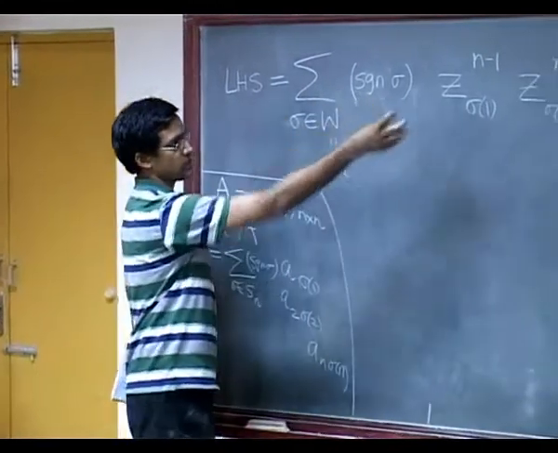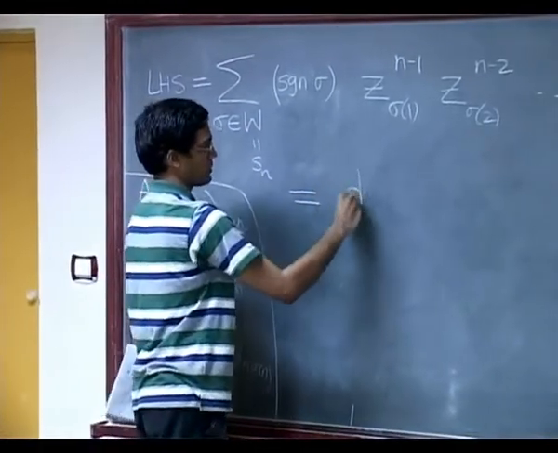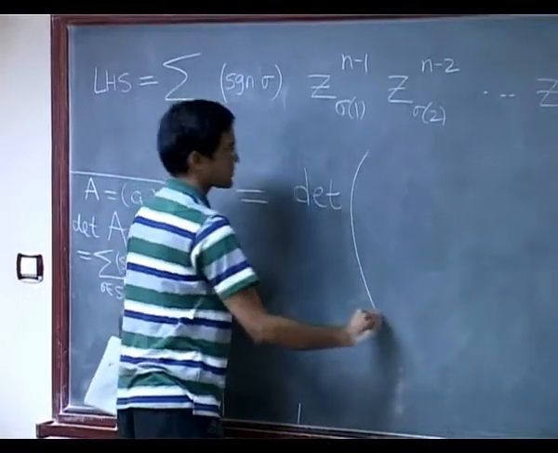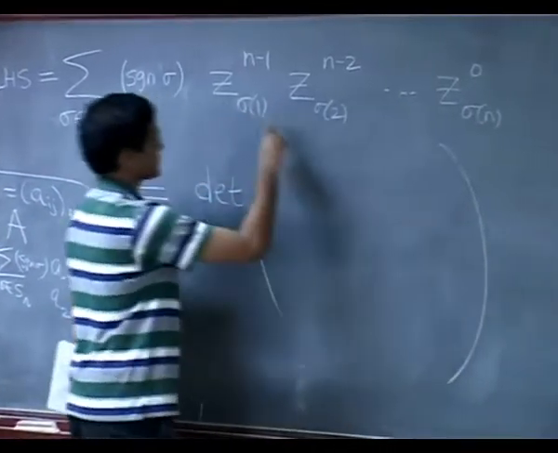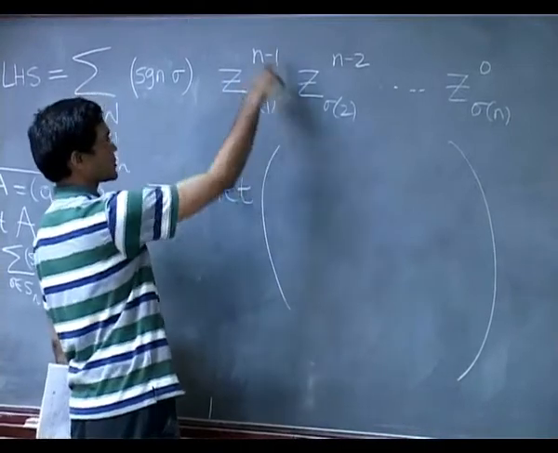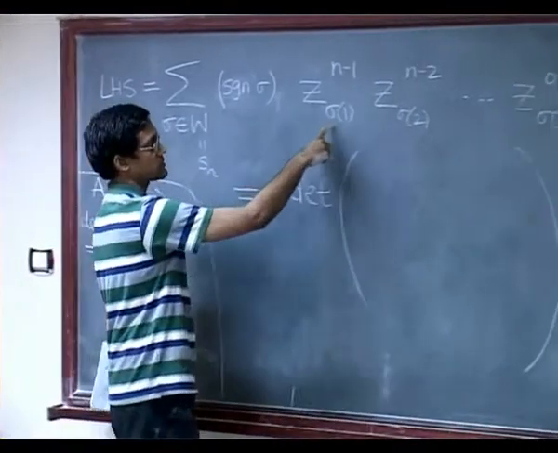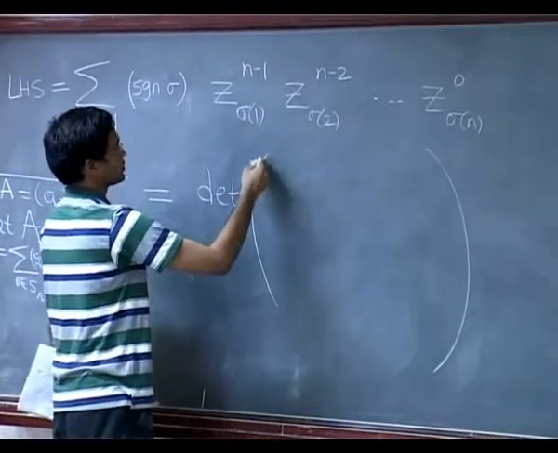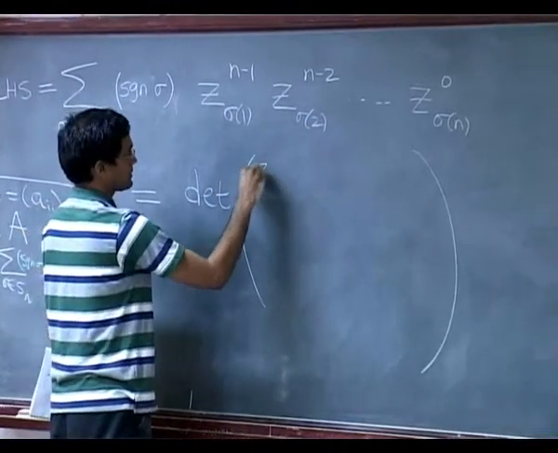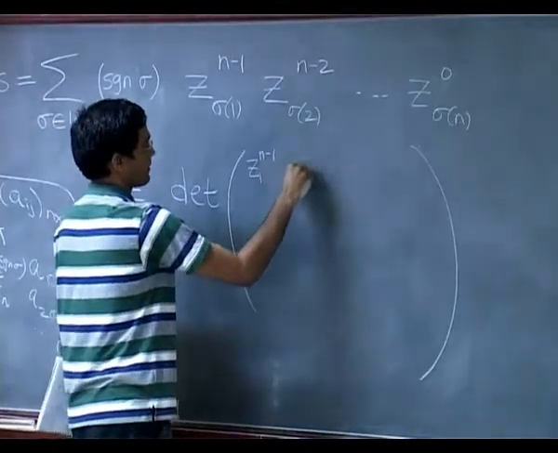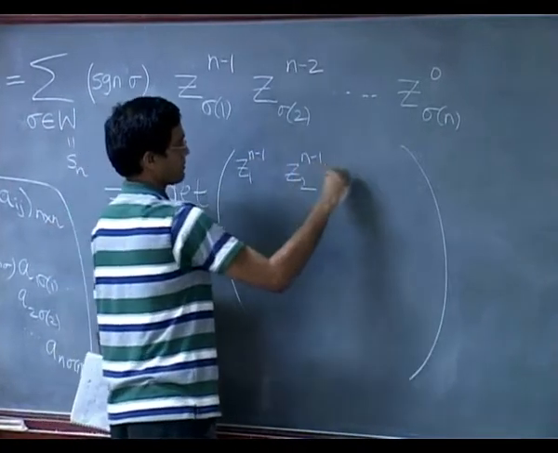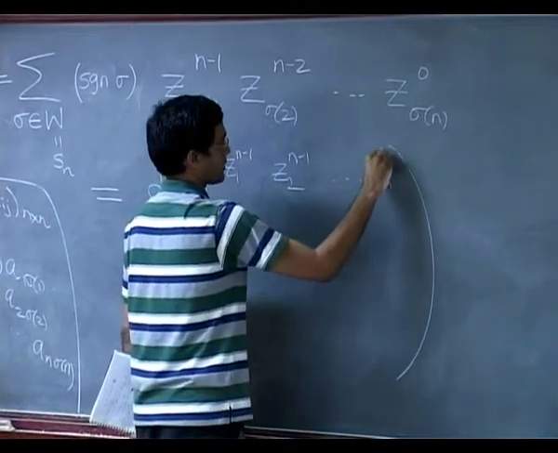And so of course this looks very much like a determinant. We just have to figure out what matrix. Comparing with this, the first row's sigma 1th entry must be this, the second row's sigma 2th entry is this. So what are the elements of the first row? They are just z1 to the n minus 1, z2 to the n minus 1, up to zn to the n minus 1.